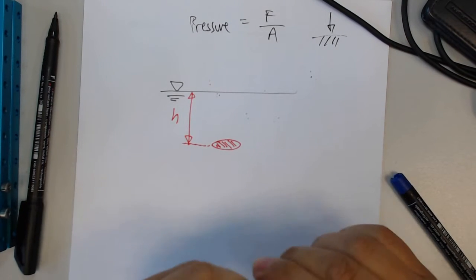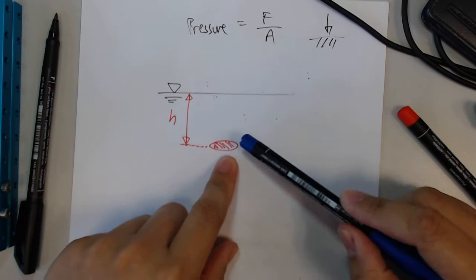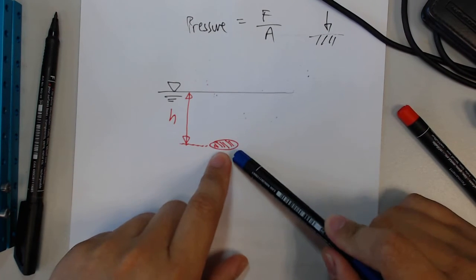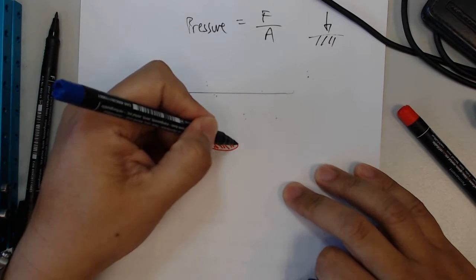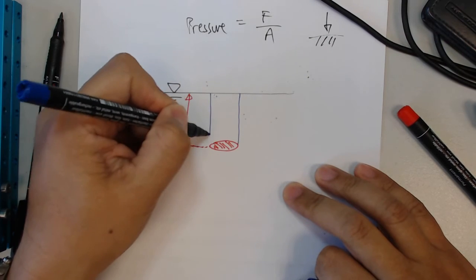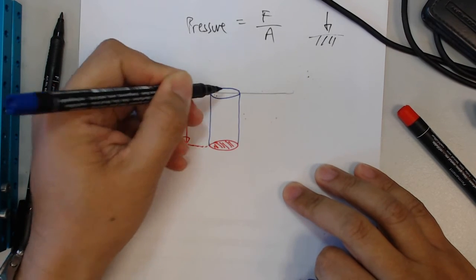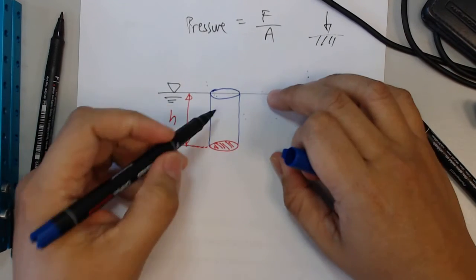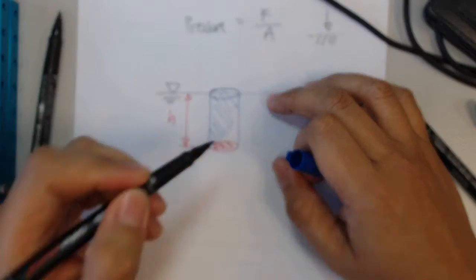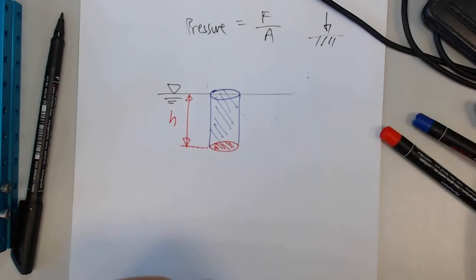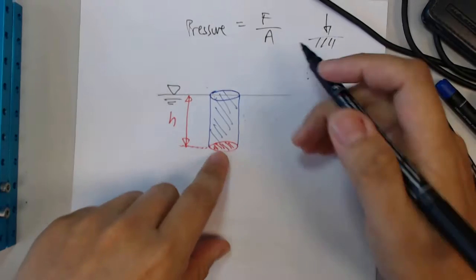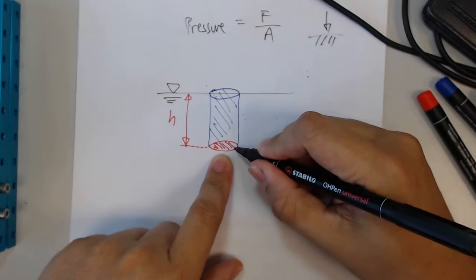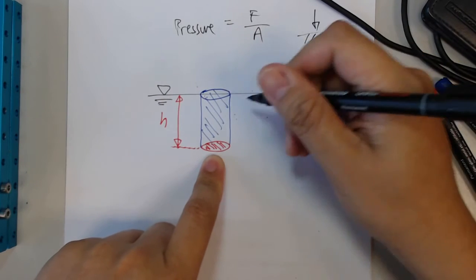So if you imagine yourself to be this disc and you look up, what do you see? You actually see a cylindrical volume of this liquid, right? That is right on top of you. And then the force that is actually acting on you on this surface will be what?